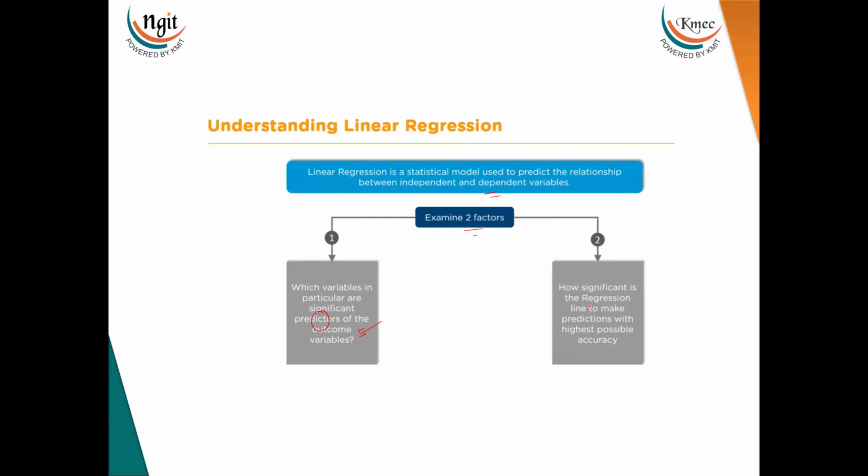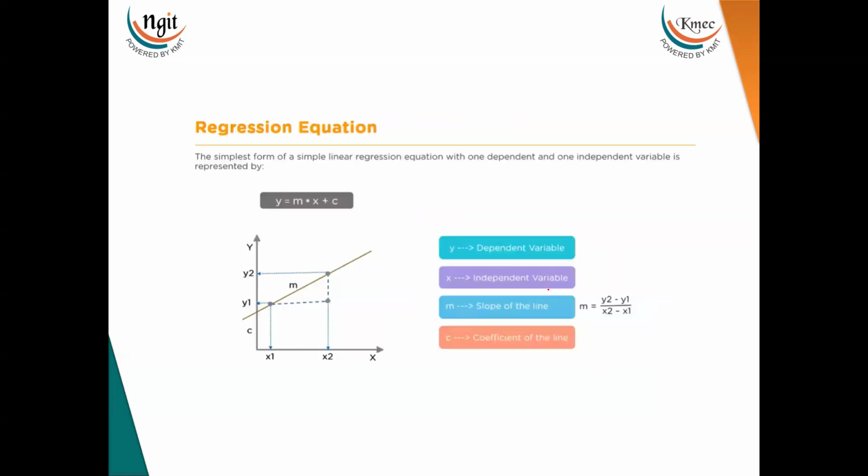The other is how significant the regression line is to make predictions with the highest possible accuracy. So first, we have to choose which independent variable the outcome variable depends upon, and the other is how significant the regression line is, because that gives you the accuracy of the predictions.